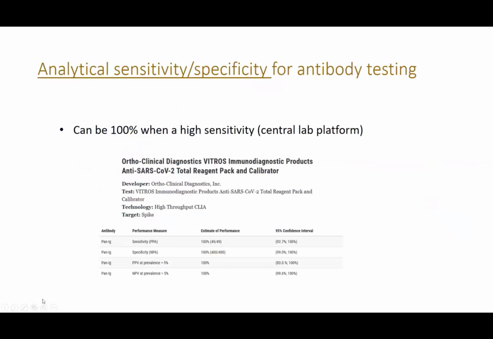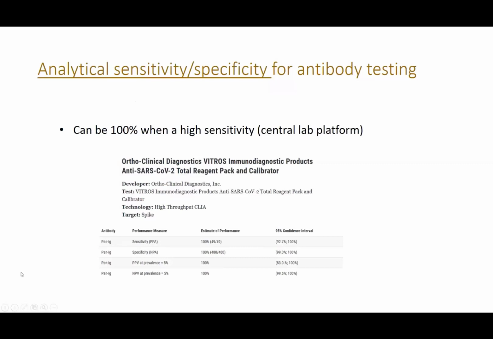We do see some heterogeneity in the performance of various antibody tests that have received EUA clearance from the FDA. This particular test from Ortho Clinical Diagnostics, as a representative, shows very good data.